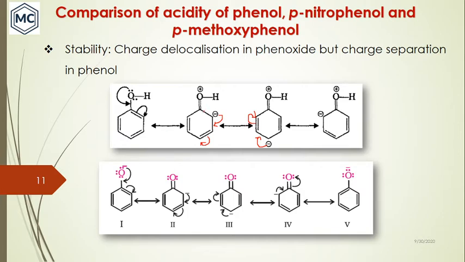You can see here in phenol there is a negative charge and a positive charge, so there is a charge separation. Whereas in the case of phenoxide, you can see that there is no charge separation in the resonance structures, and the negative charge is delocalized all over the system.